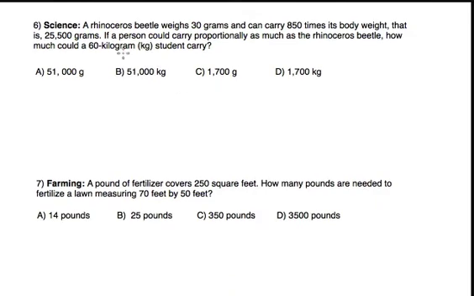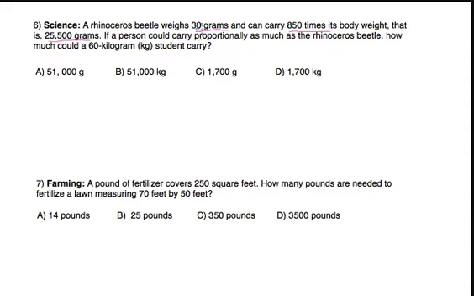Okay, a rhinoceros beetle weighs 30 grams and can carry 850 times its body weight. That is 25,500 grams. If a person could carry proportionally as much as the rhinoceros beetle, how much could a 60-kilogram student carry? What are we comparing here?